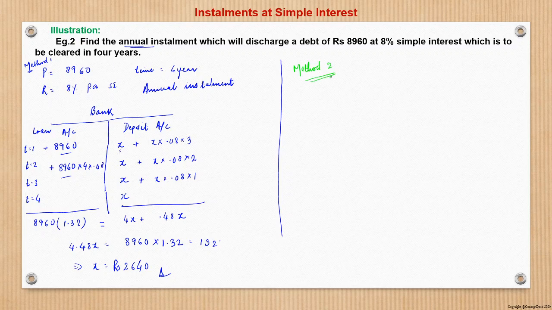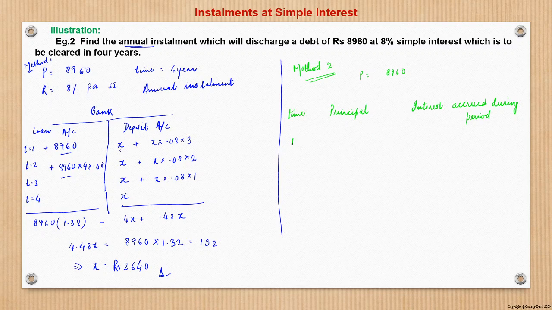Let us see method 2. So same thing here, principal is 8960. So let us write, this is the time period, principal, and interest during period.